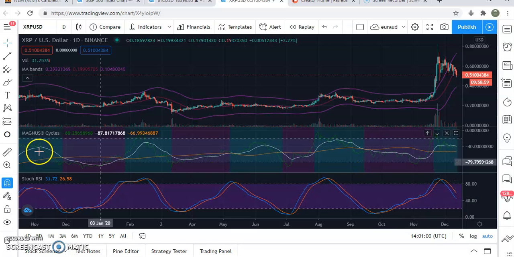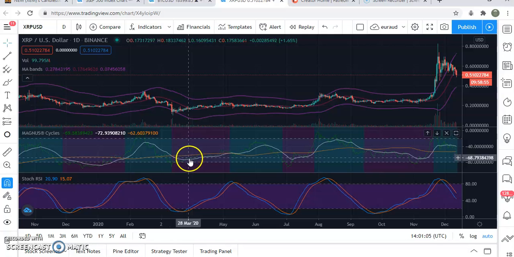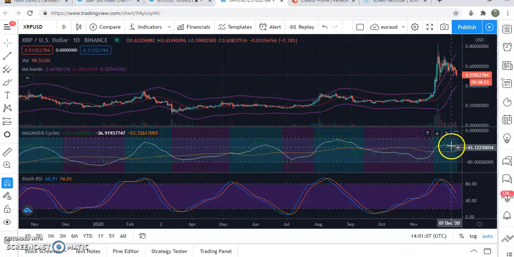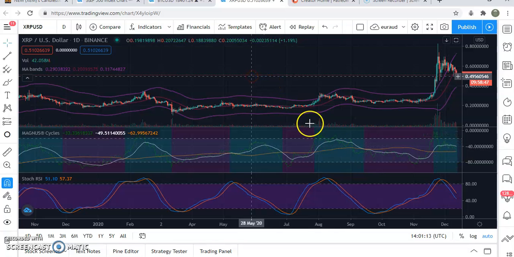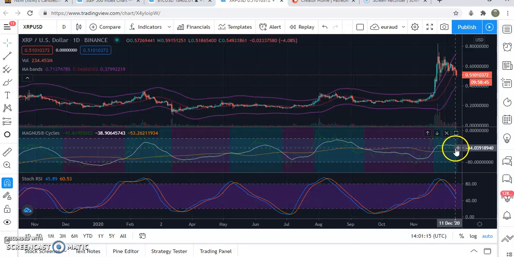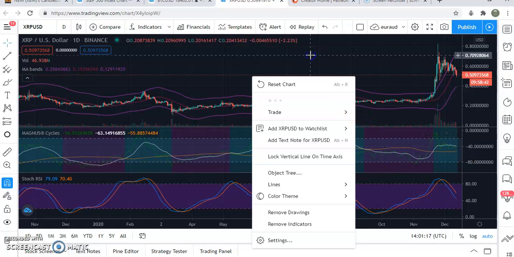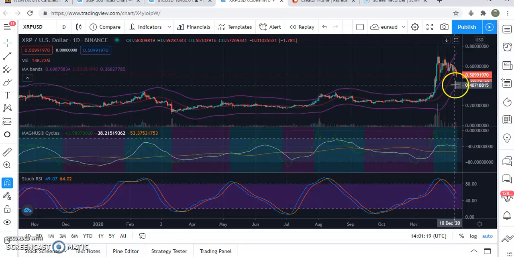Also as you can see here, the minor cycles are telling us when we should be long, and now the white curve is horizontal, but getting a little bit downward, which is a negative signal. But I do believe it's a very healthy movement.